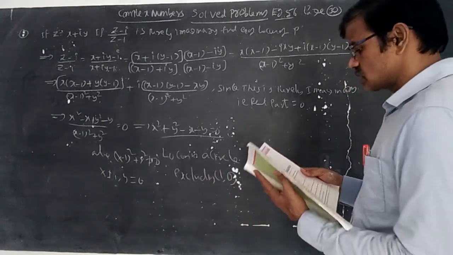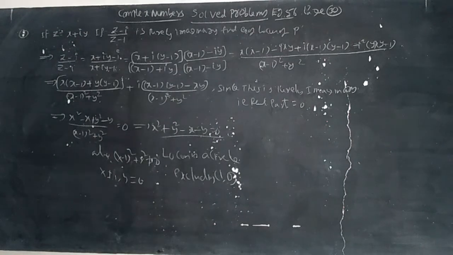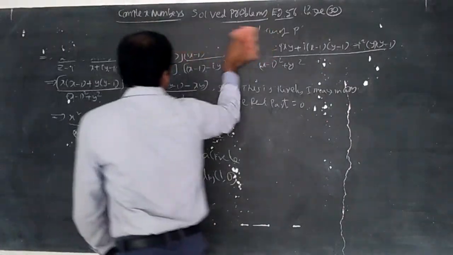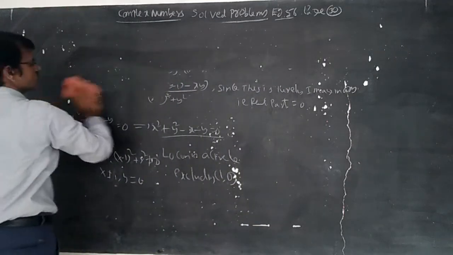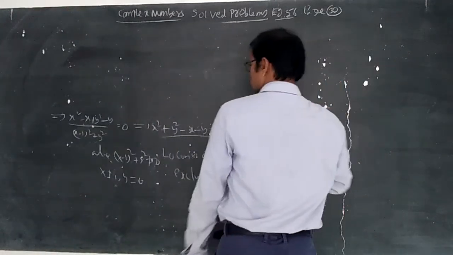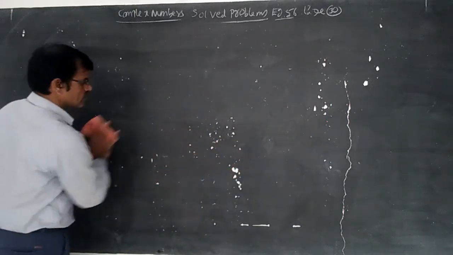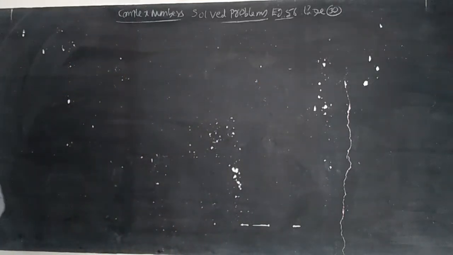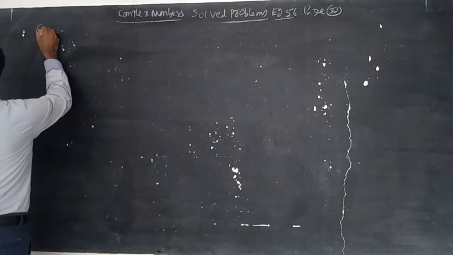Next, the sixth example. Describe geometrically the following subsets. He gave the question in the manner of set relations. The sixth one has 2 questions.